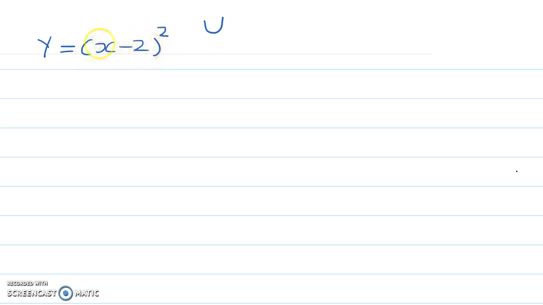When x is in the bracket, it always moves left and right. But which way? If we put x minus 2 equal to 0, we get x is equal to 2. 2 is positive, so this curve is moving 2 units in the positive direction.